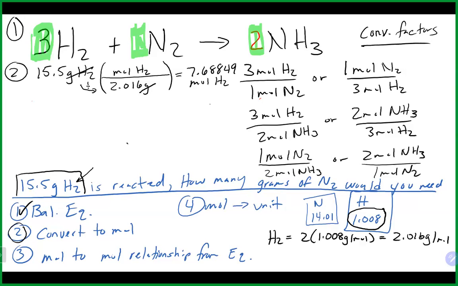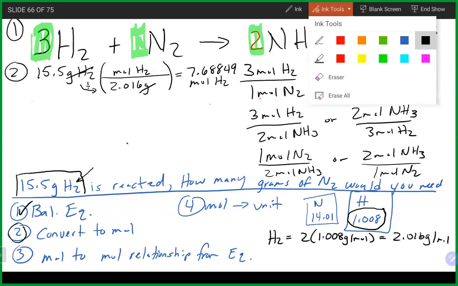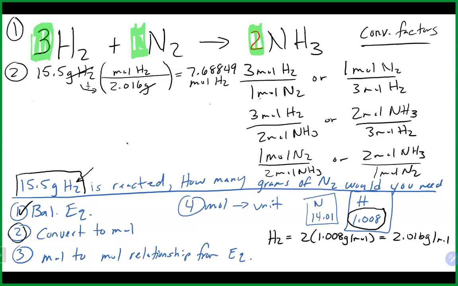So really all we've done at this point is change our units from grams to moles. And the purpose of that really is to set us up for success in step number 3, because we're going to use a mole to mole relationship. So in order for everything to cancel out correctly, we have to get those guys basically into moles. So now we are ready for step number 3, and we want to go to our balanced equation and find the two things we're interested in. And in this case, the two things we're interested in is what they gave us, which in this case would be H2.